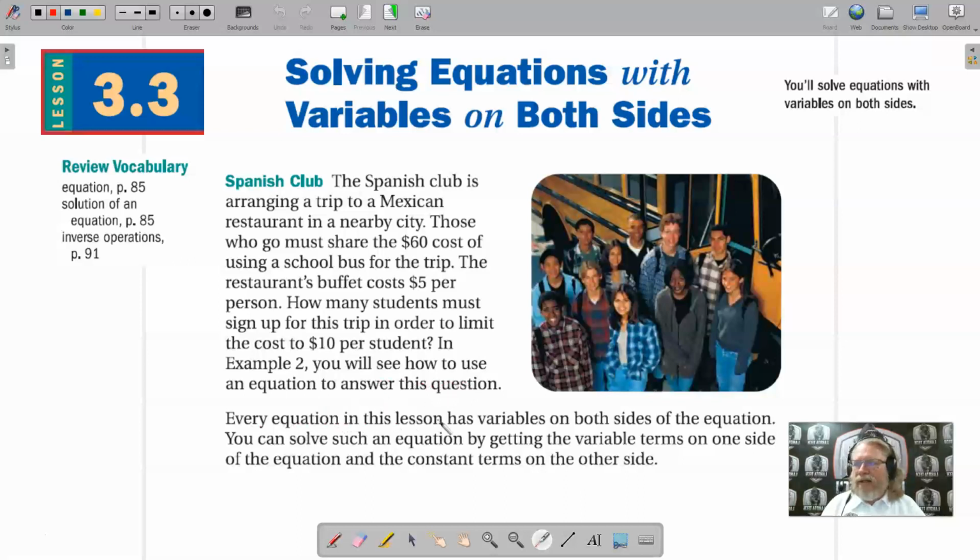Every equation in this lesson has variables on both sides of the equation. You can solve such an equation by getting the variable terms on one side of the equation and the constant terms on the other side.